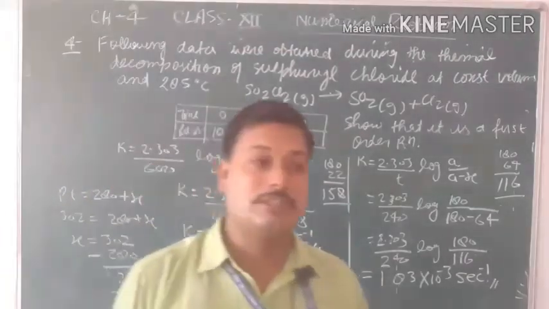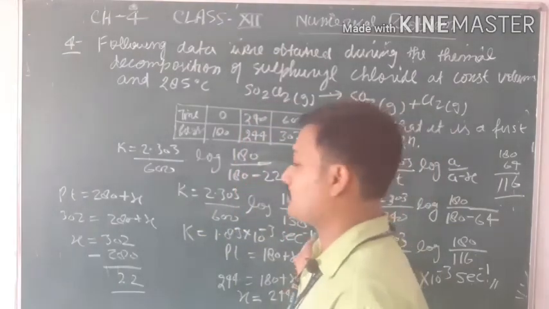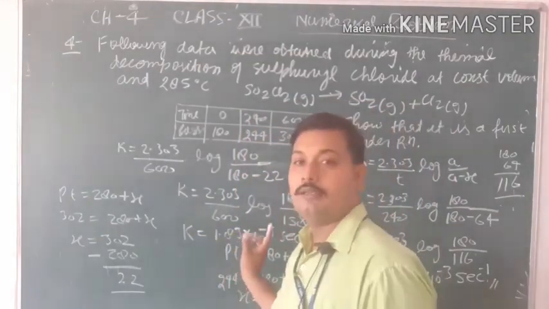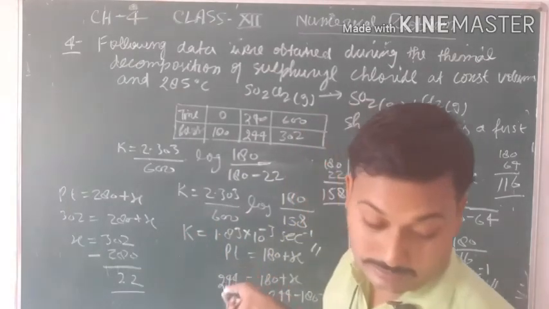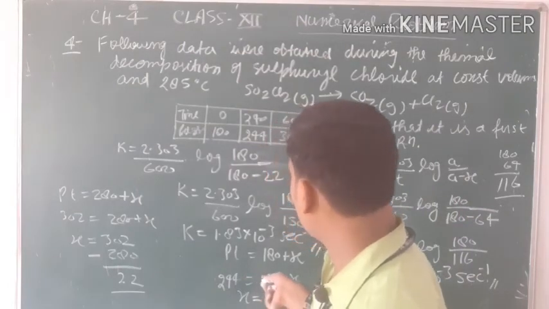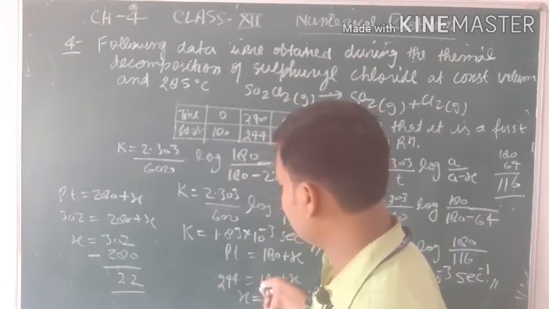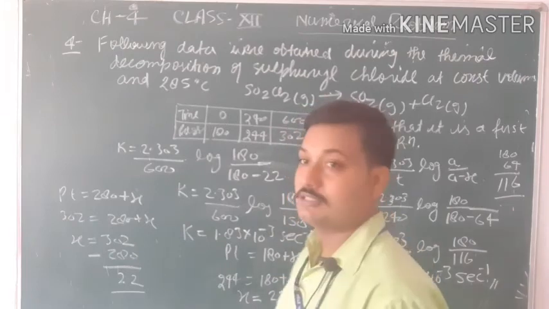It means the value of rate constant is similar for both the data.